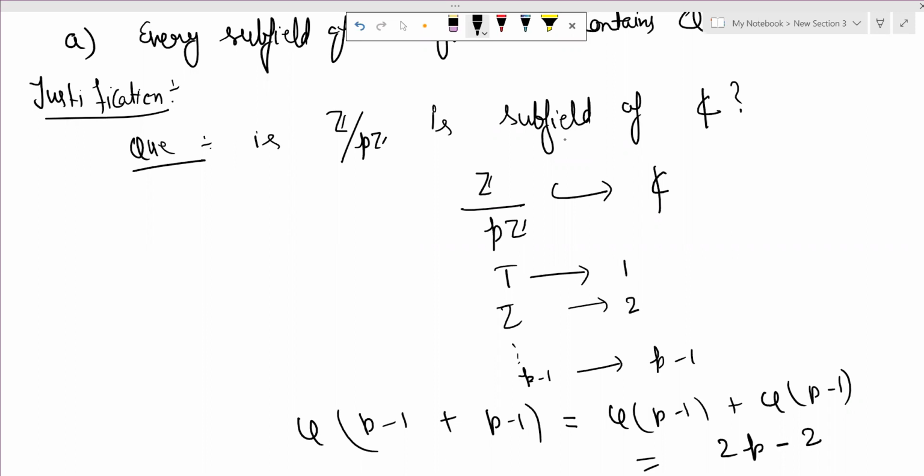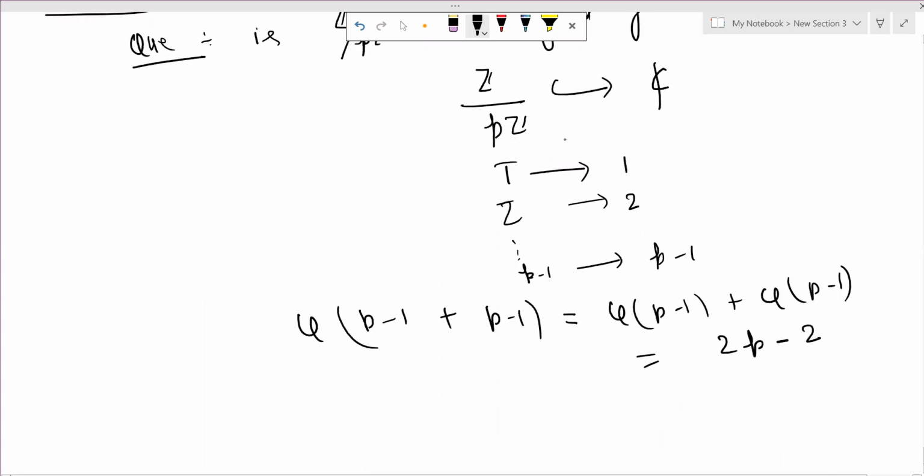But what is this? p minus 1 plus p minus 1 is phi of 2p minus 2. What is 2p minus 2 in Z mod pZ? It is p minus 2.